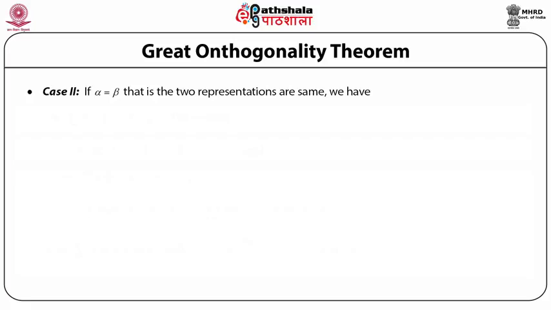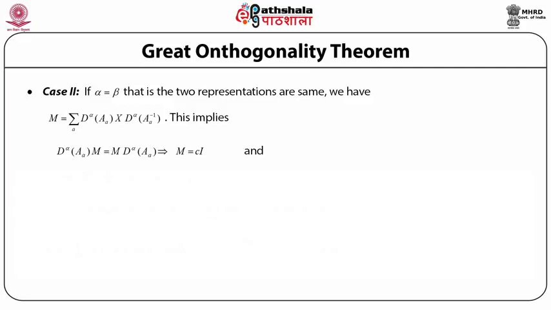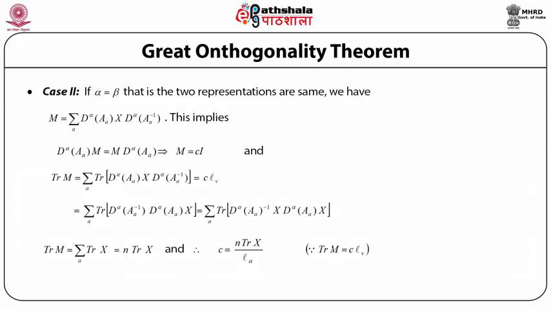We then have M is equal to sum over all the group elements D alpha(A) X times D alpha(A inverse), which implies that D alpha into M is equal to M into D alpha, which means, since D alpha is an irreducible representation, by Schur's lemma, the matrix M is a multiple of the unit matrix I. Now trace of M is equal to the sum over all elements of trace of D alpha(A) X D alpha(A inverse).